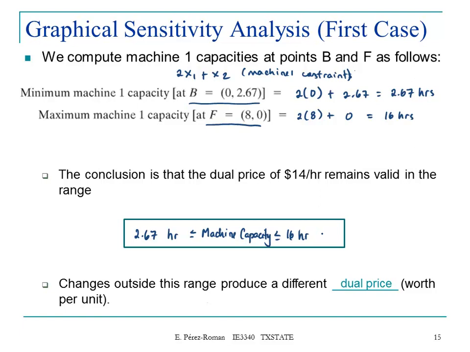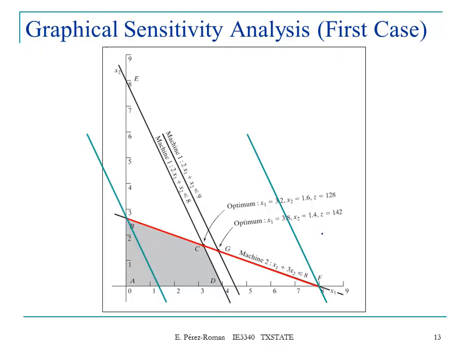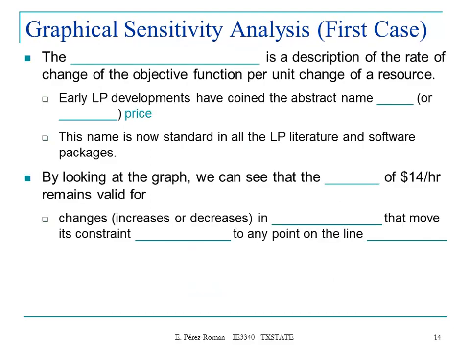Okay, so this dual price of $14 an hour, that change will be only valid again on this line. This is point B, 0, 2.67. This is point F, 8, 0.